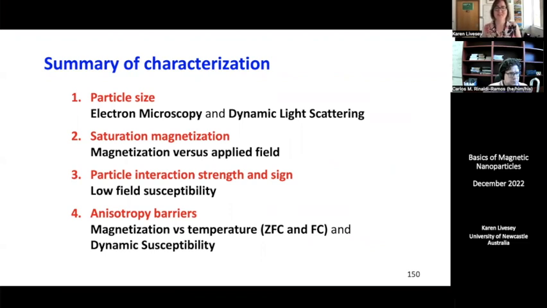Particle interaction strength, I think that's the biggest stretch in terms of theory, but we can look at low field susceptibility and do some analysis on those plots to try to extract some information about particle interaction strength. And then part 4, we have anisotropy barriers that we might want to know about, and we can get to those using zero field cooled and field cooled magnetization versus temperature curves, and also dynamic susceptibility, which I haven't talked about today.